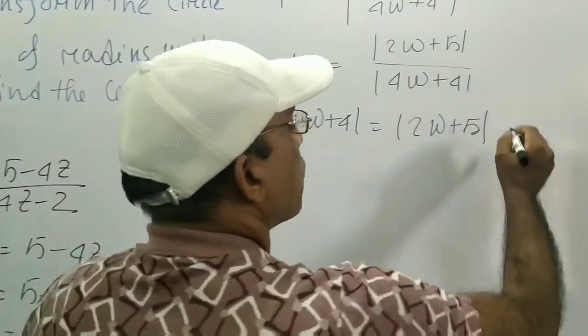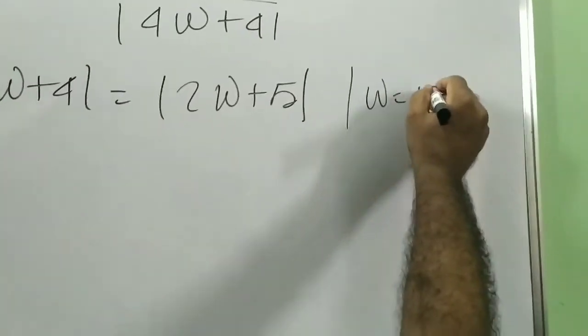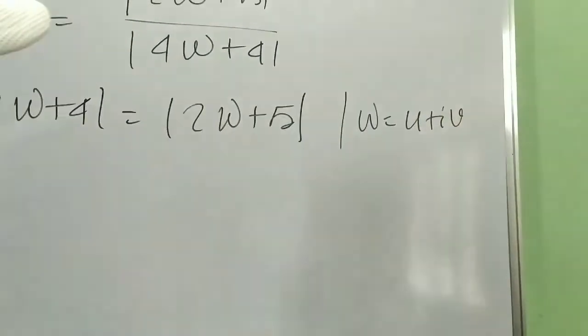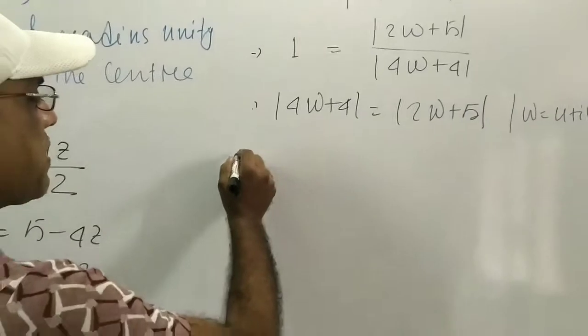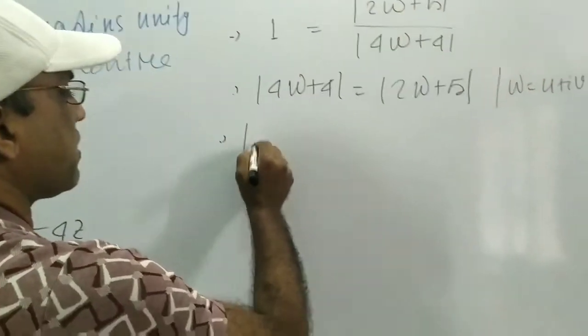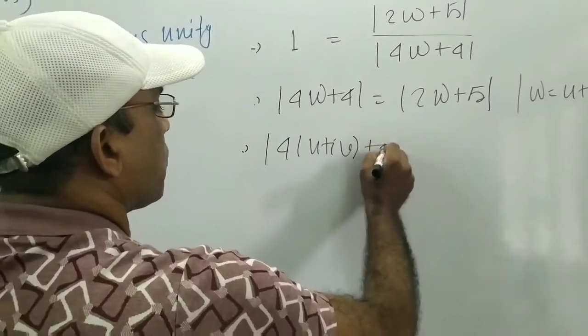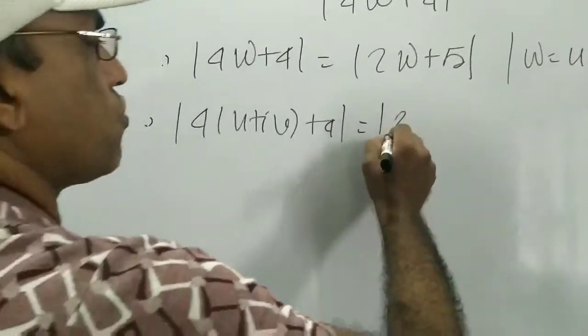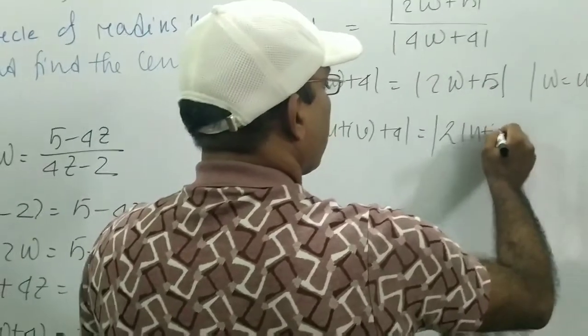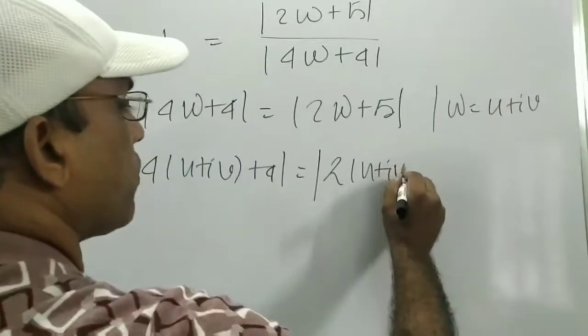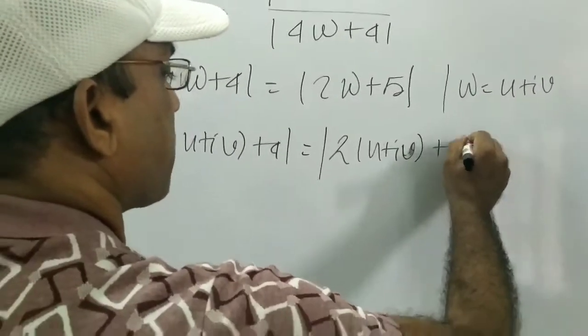But we know in the W plane, w equal to u plus iv. So replacing w by u plus iv: mod of 4 into (u plus iv) plus 4 equal to mod of 2 into (u plus iv) plus 5.